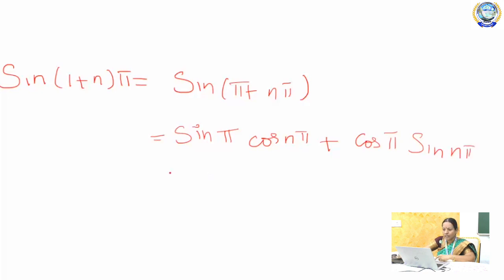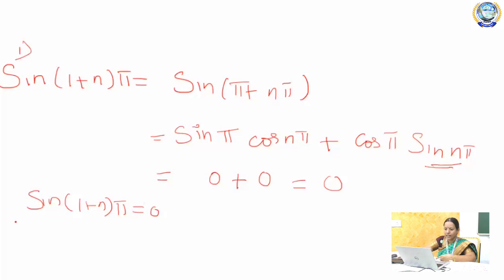What is sin pi? Nothing but 0. So the first part is 0. Here we have sin n pi. What is sin n pi? 0. 0 into cos pi is 0 itself. So 0 plus 0, we got 0. So we finally got sin (1 plus n) pi equal to 0.